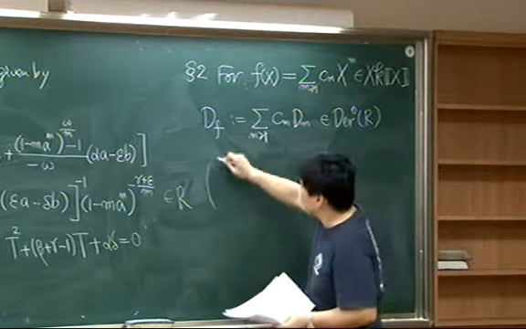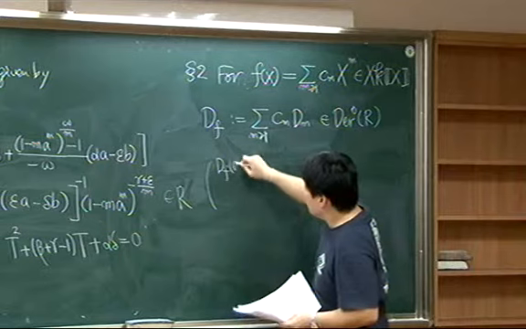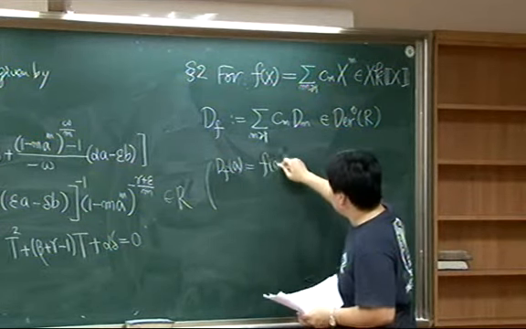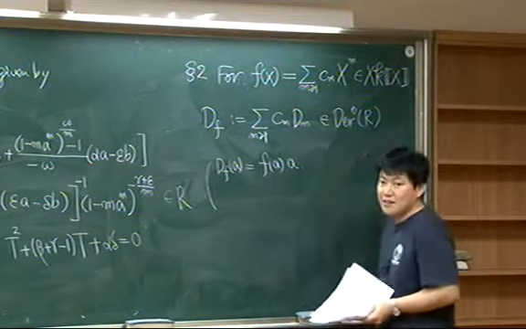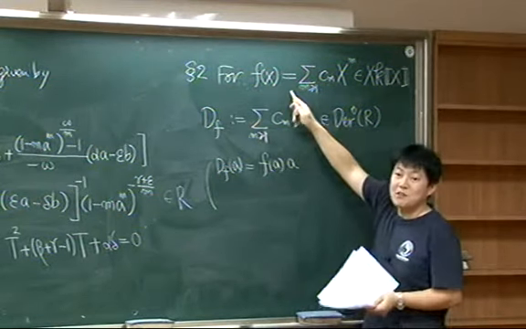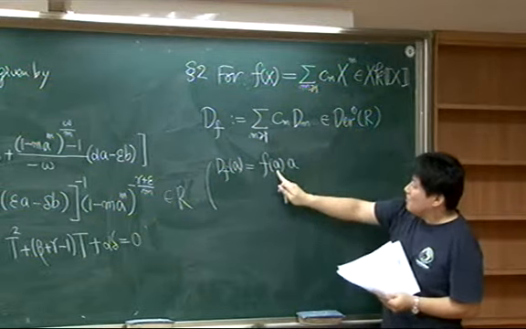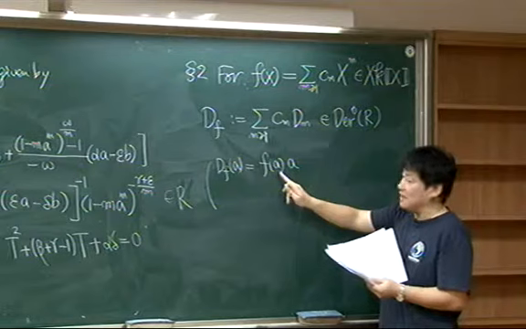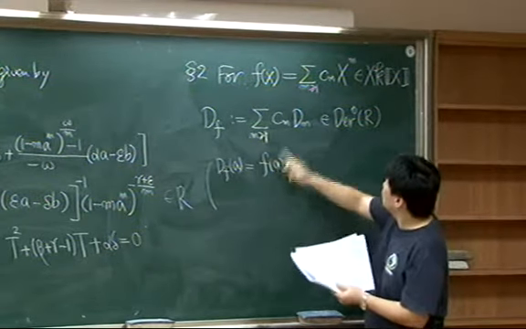Actually, it's easy to check the image of df on the generator is f(a) times a. Here, f is a formal power series, and we consider the substitution: we substitute a for x.